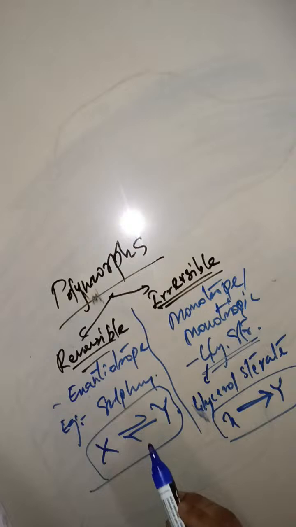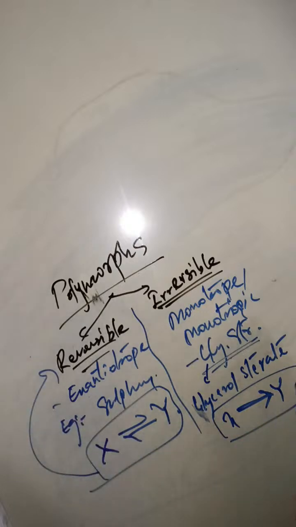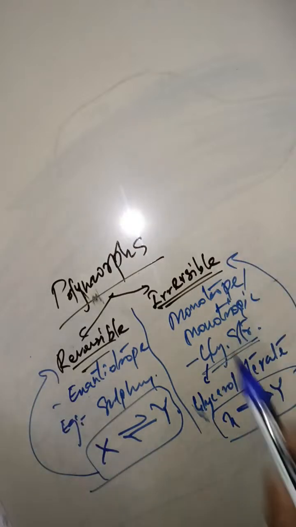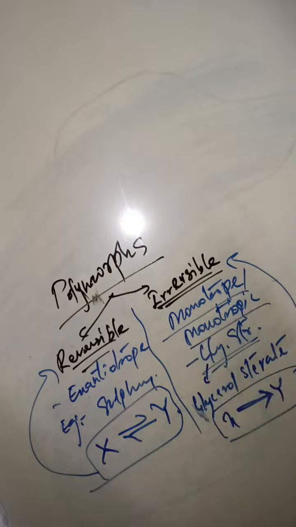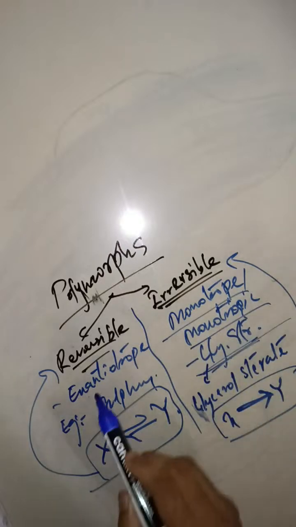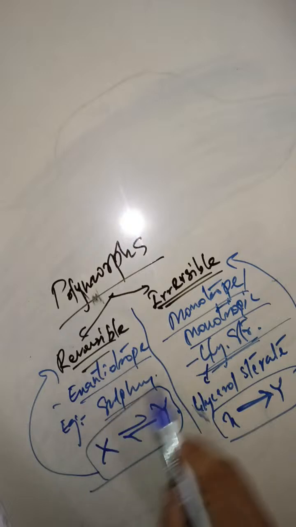Why is it multidirectional? Because it is reversible. Why is it unidirectional? Because it is irreversible. It is also called monotrope, example glyceryl stearate. The other is enantiotrope, example sulfur. Okay, that's an important topic also.